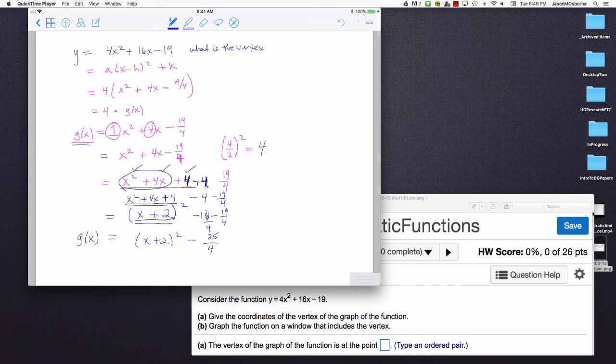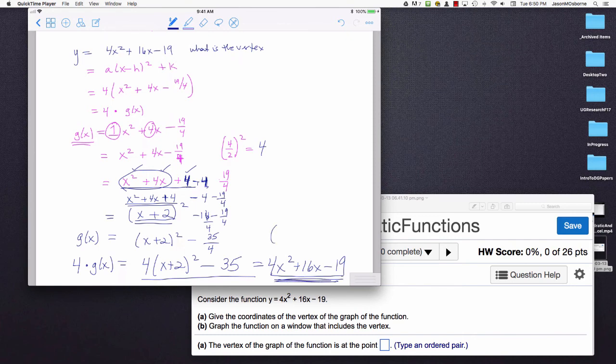And this tells you that 4 multiplied by g of x is equal to 4 times x plus 2 squared minus 35. And so this 4 times x plus 2 quantity squared minus 35 is the same thing as 4x squared plus 16x minus 19.